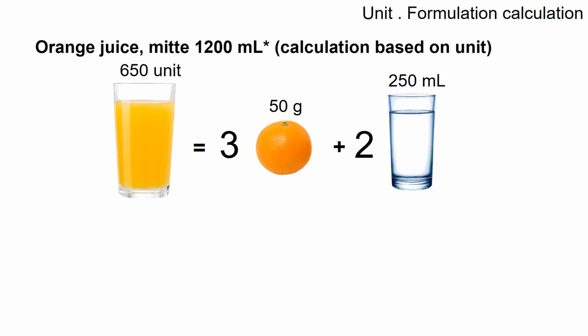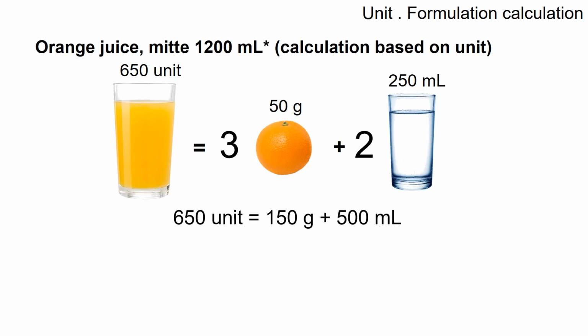From the standard formula given, in order to prepare 650 units of oranges, you will need 3 oranges of each 50 grams and 2 glasses of water of 250 ml.